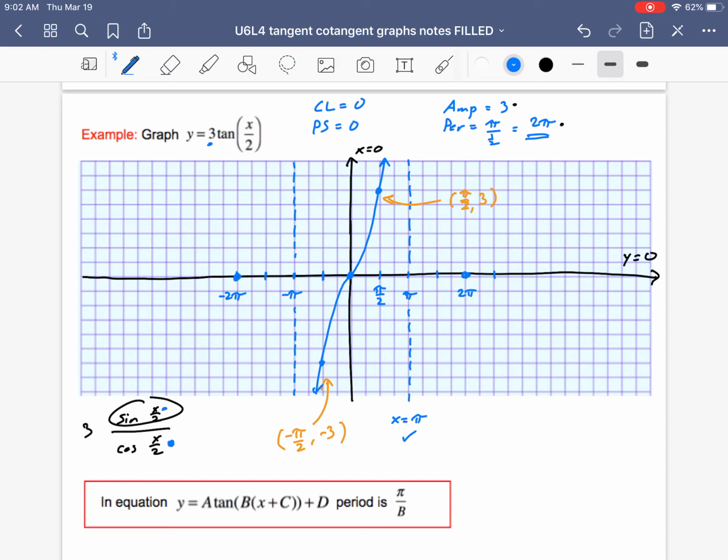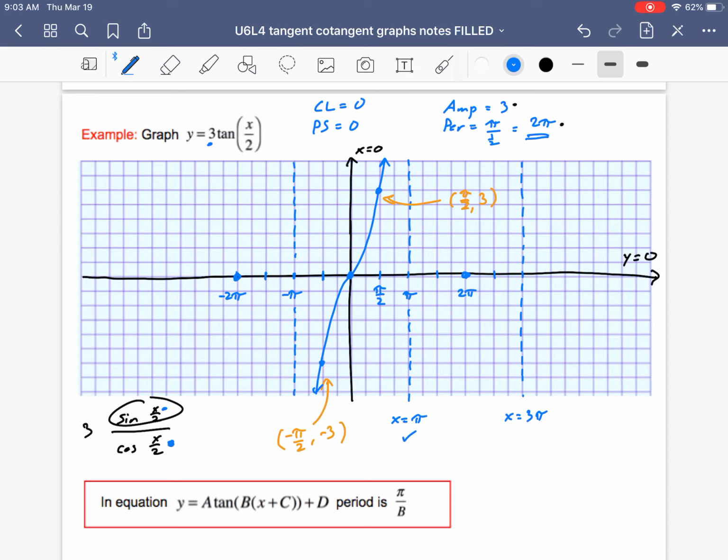If we want to do another cycle, then we could go 2 pi units from pi to 3 pi. So this is x equals 3 pi.